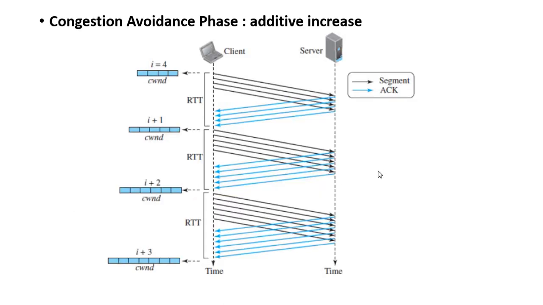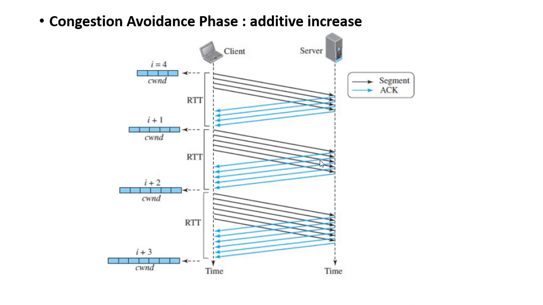Then another method, the congestion avoidance phase, that is additive increase. There we saw exponential increase, but here we talk about additive increase. Initially, for example, the congestion window is 4, so we say 1, 2, 3, 4. After the round trip time it is incremented by plus 1. In additive increase, first 4 data frames can be sent and we get the acknowledgement. Thereafter, the congestion window is increased by just 1.